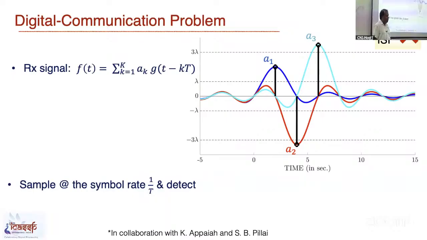Yes. What do we do in the presence of noise? Of course, I will not have the value A1, but A1 plus some noise, A2 plus some noise. If I assume that all these A1, A2, A3 are very far from each other, then I can do some sort of maximum likelihood and still find A1, A2, A3. That's what we do generally.